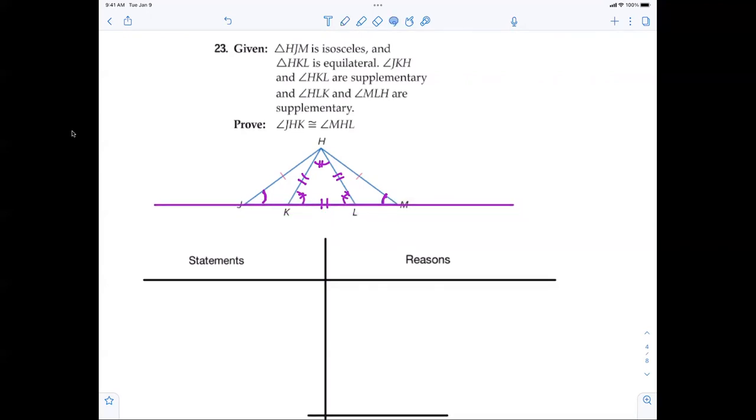Everybody okay with that? And I am trying to prove that JHK, I'm trying to prove this right here, is equal to MHL.